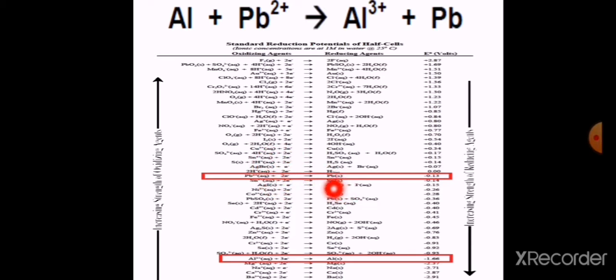So, ito na yung lead na solid. For aluminum, okay, before we proceed to the aluminum, the cell potential is negative 0.13 volts.